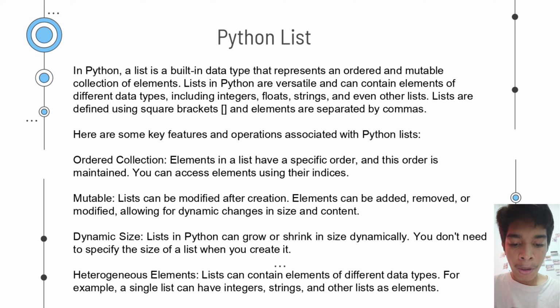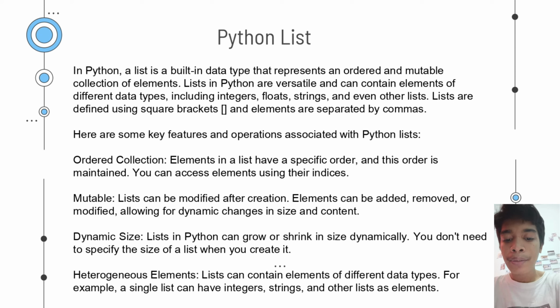A list in Python is versatile and can contain elements of different data types, including integers, floats, strings, and even other lists. Lists are defined using square brackets, and elements are separated by commas.